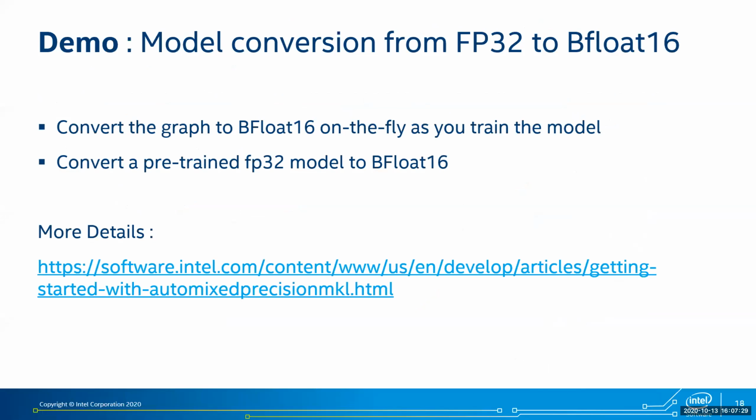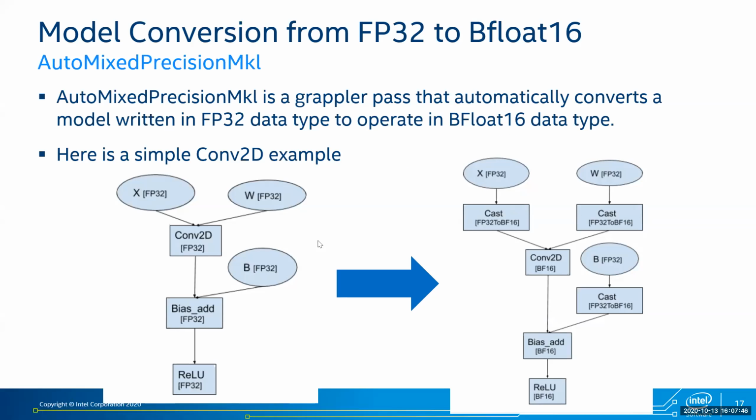So I think I won't cover the last tutorial, because this auto mixed precision feature is supported in TensorFlow 2.3, and we may not have released Intel TensorFlow 2.3 yet.